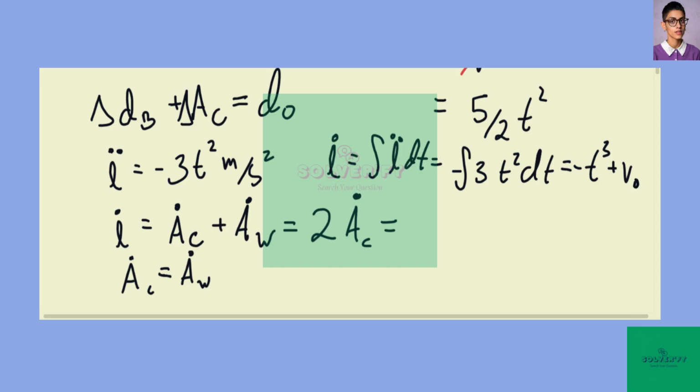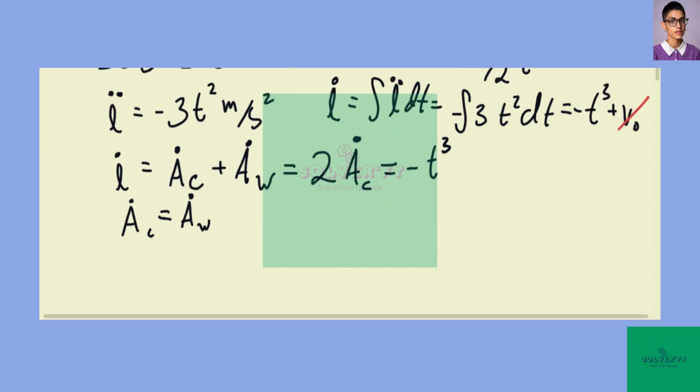But we know that the system is initially at rest, so this is 0. So we have L dot, and it's just minus t cubed, and therefore AC dot is just minus 1/2 t cubed.